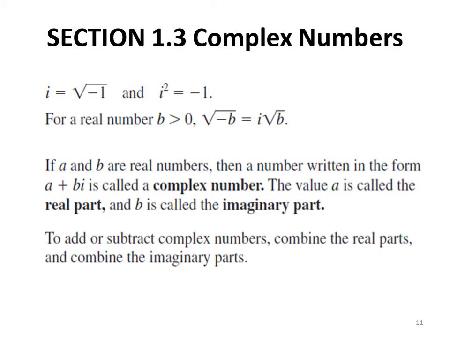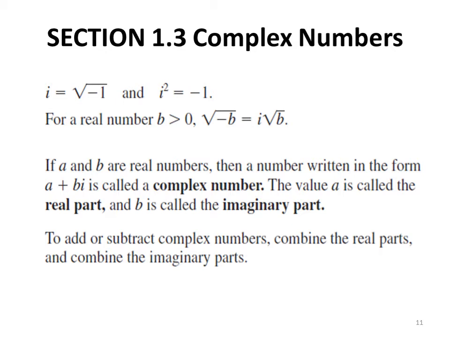If you write a complex number in this form, a plus bi, where a and b are real numbers, a is called the real part and b is called the imaginary part. And we will see how we can add and subtract complex numbers. The way to do that is you combine the real parts and add them together, and also combine the imaginary parts.